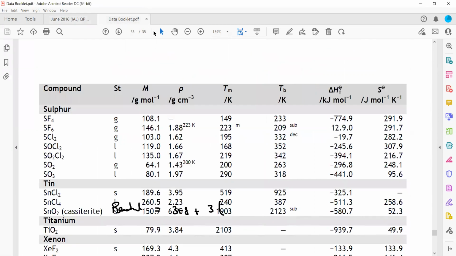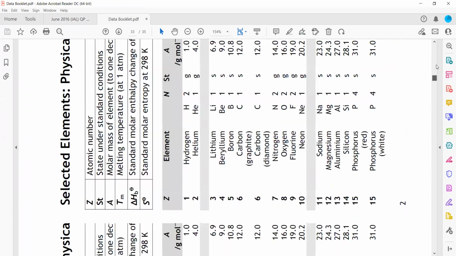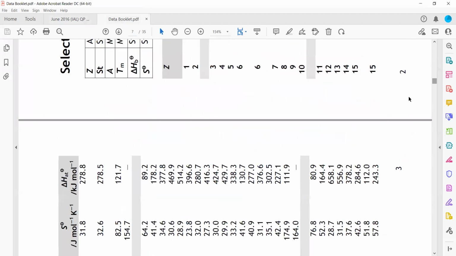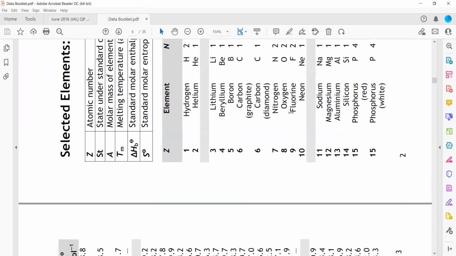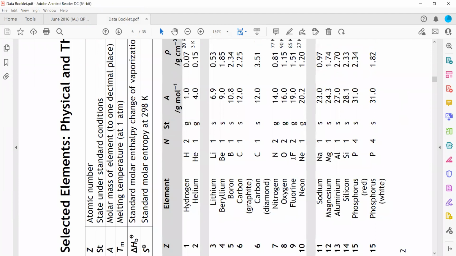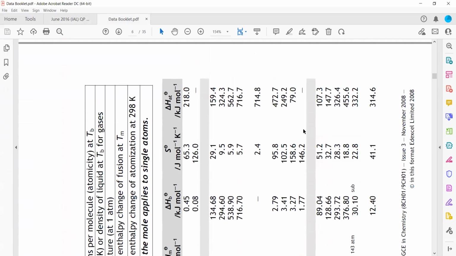As you can see on page 2, for fluorine the molar entropy is given as 158.6, but that is for one atom, like one particle. If it is F2, then it will be multiplied by 2. And there are 3 molecules of fluorine, so it will be multiplied by 3 as well.